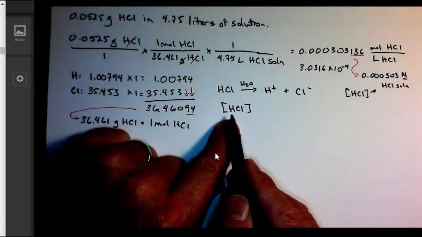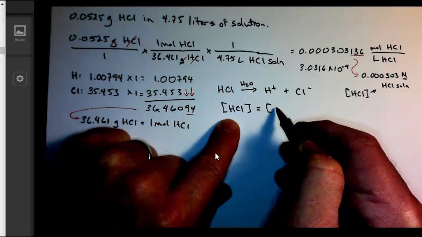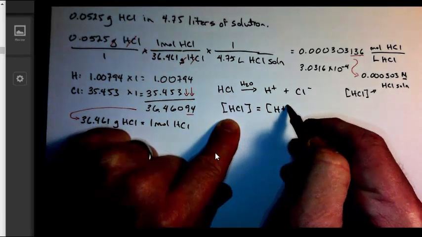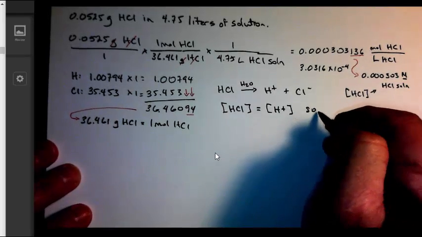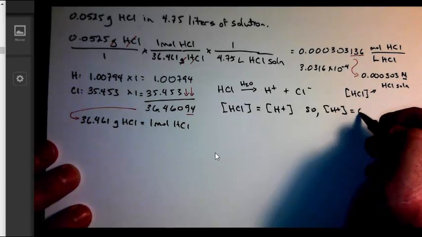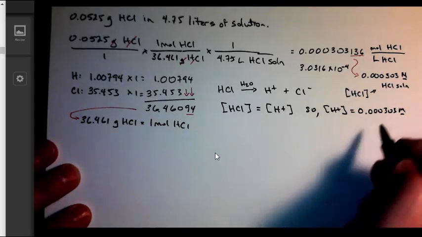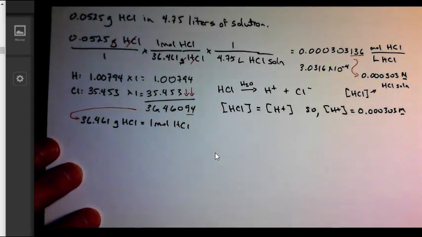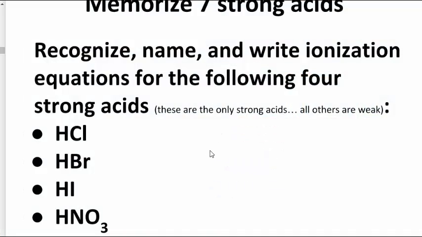Since it's a strong monoprotic acid, the concentration of hydrogen ions is the same as the concentration of the acid itself. So the concentration of hydrogen ions then is also 0.000303 molar. Okay? So now we've got that corner of the pH wheel. Go back here and look at that.